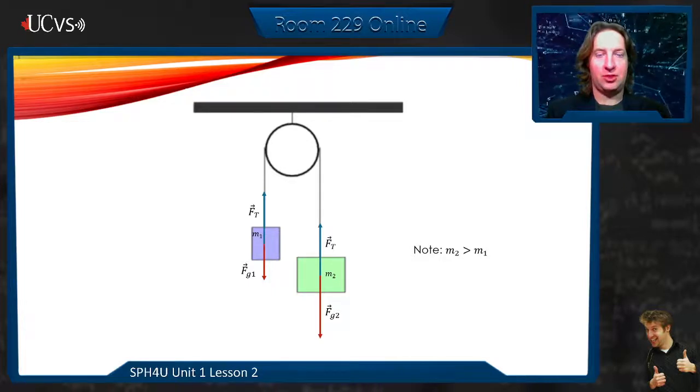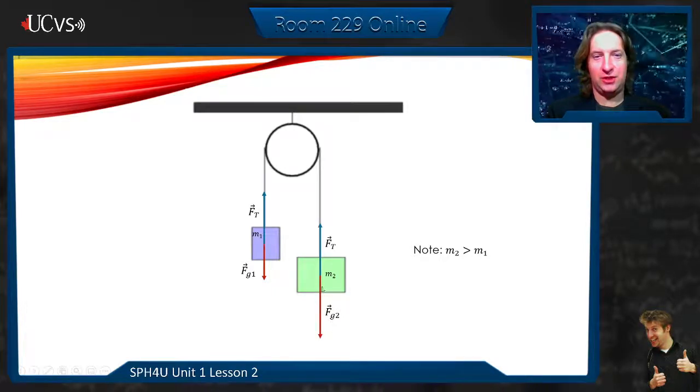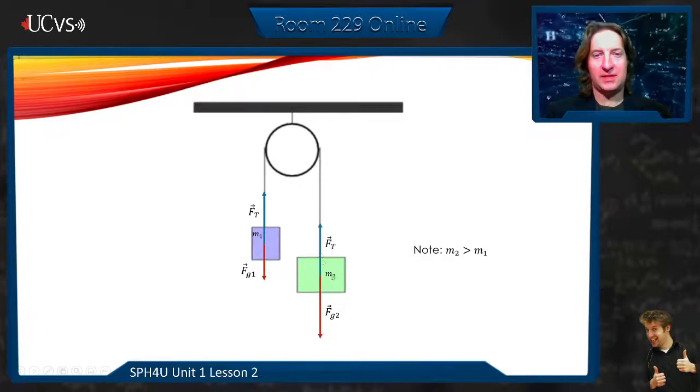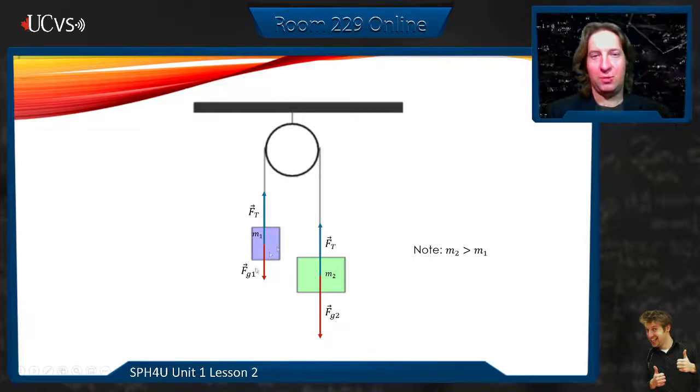So this string is providing a reaction force that's going to slow down M2. You can think about this one: the red vector here, the FG2, is going to be larger than FT. So this is going to be accelerating downwards, whereas for M1, the force of tension is much larger than FG1, so it's going to be accelerating upwards.